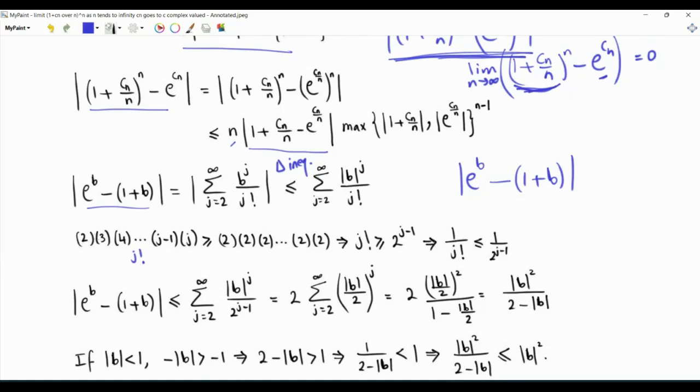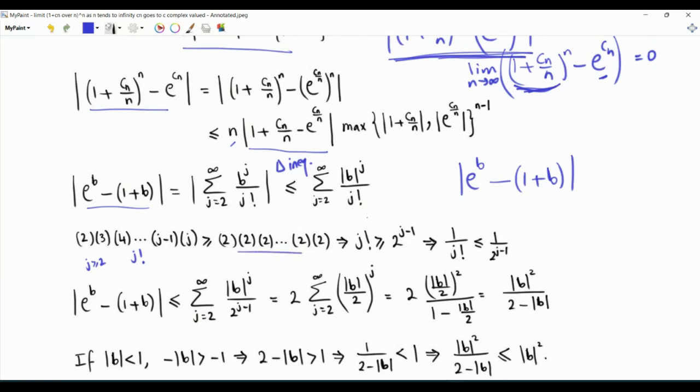Now, you can lower bound each one of those terms by 2. So for j greater than or equal to 2, we have the factorial of j lower bounded by 2 times 2 times 2, each one of those terms lower bounded by 2, and we have j minus 1 of these.